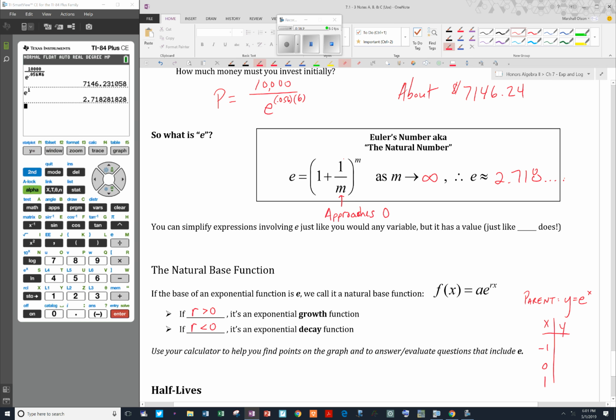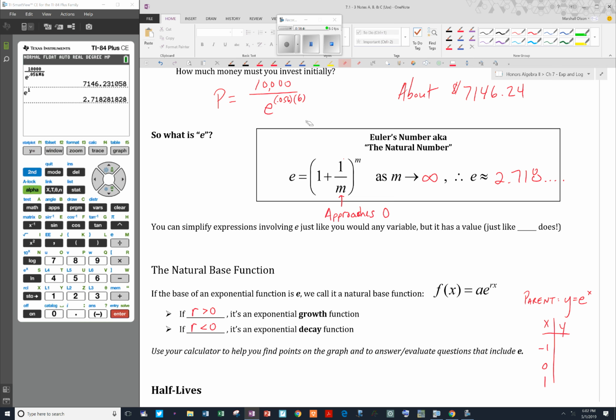So it occurs a lot naturally in certain aspects of math and science. It's known as the natural number because of that. One of the cases where it pops up is in continuously compounded interest because of this idea right here, as that value m gets bigger and bigger and bigger. So e is a lot like pi.